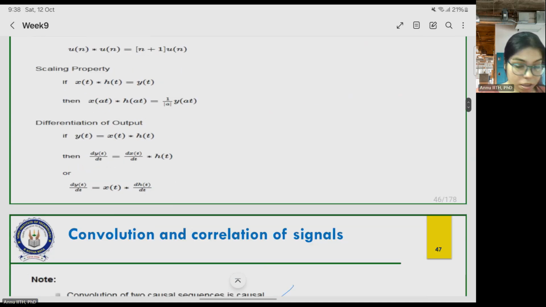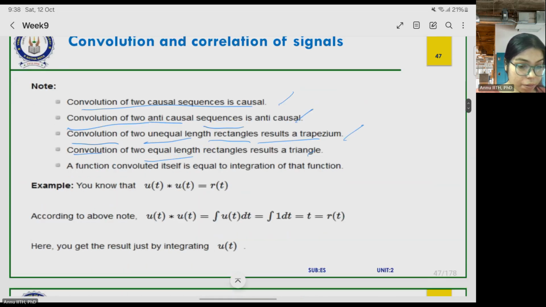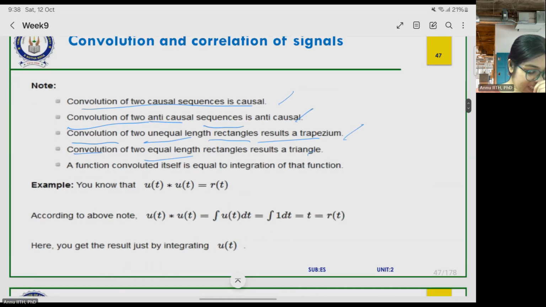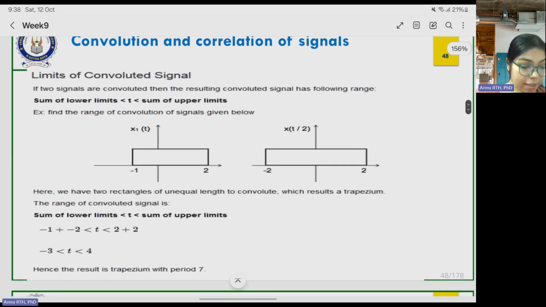So correlation, convolution relationships. You can see the example of this now.